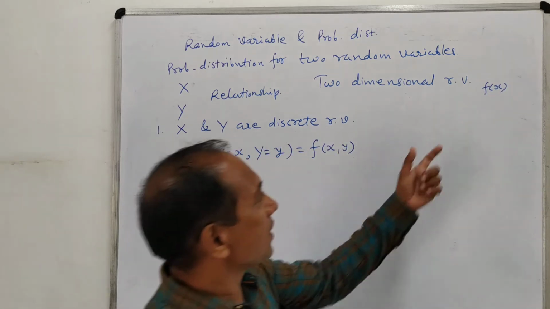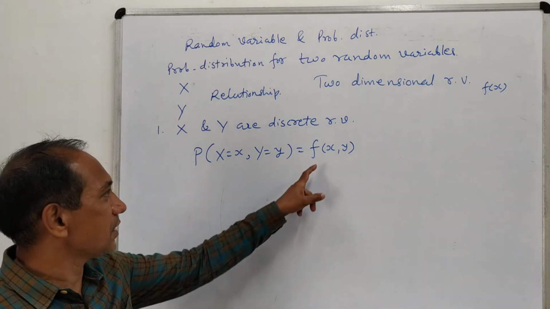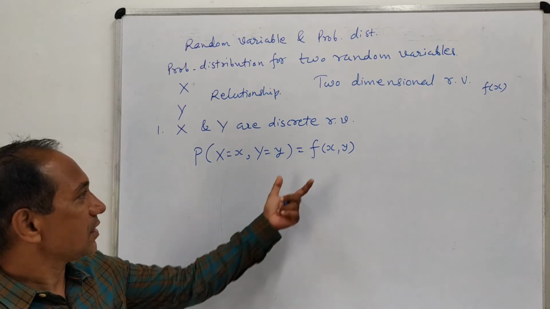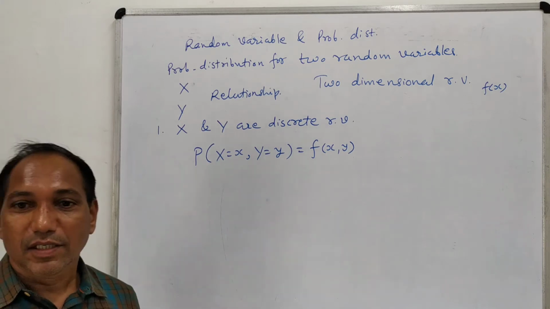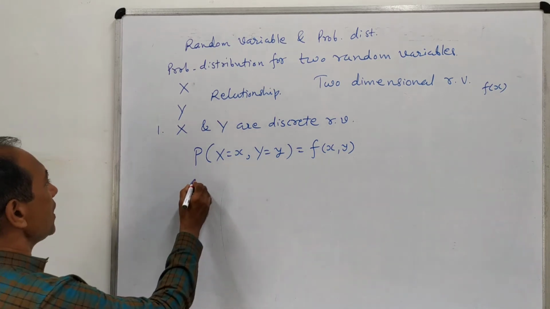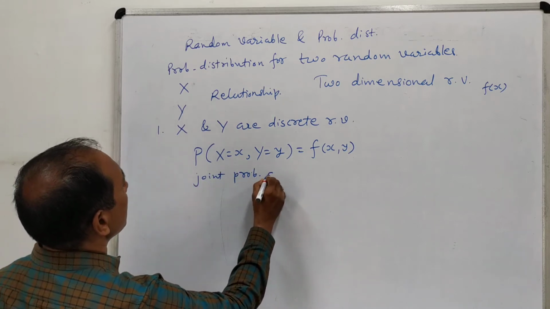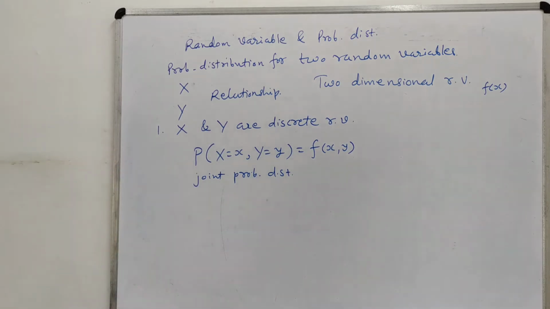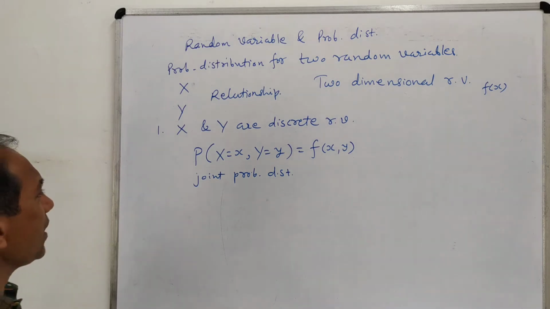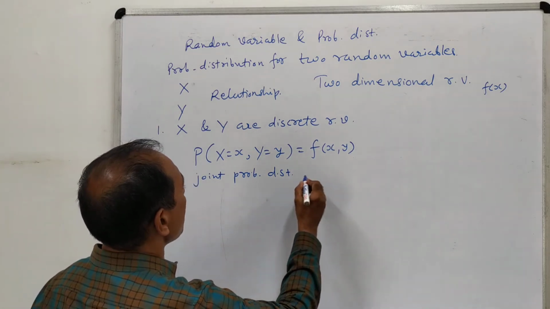Okay, and the probability density function also we have denoted by f(x), but here are two random variables, so we are denoting this as f(x, y). That is, it is based upon capital X and capital Y for certain values small x and small y. So this is known as joint probability distribution. Joint probability distribution, because we are combining here two different variables, or as in the last case we can also define this as joint probability mass function.